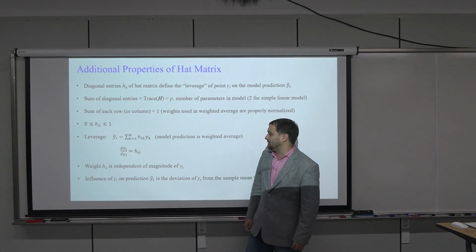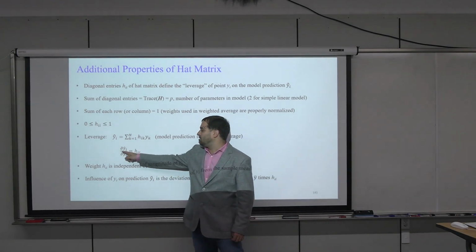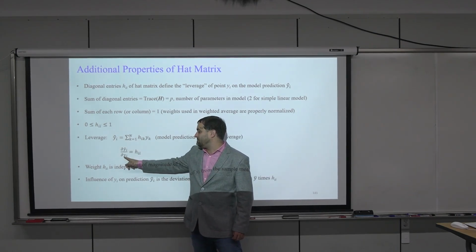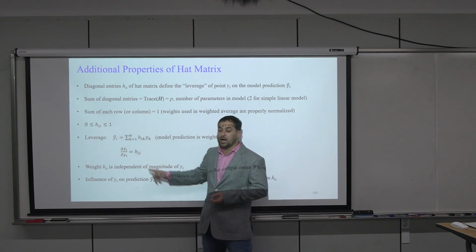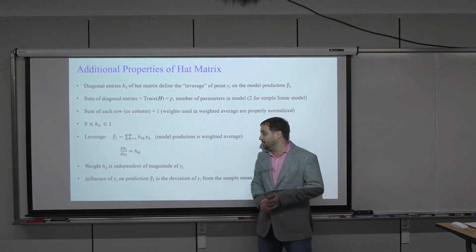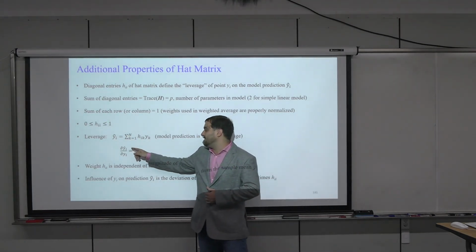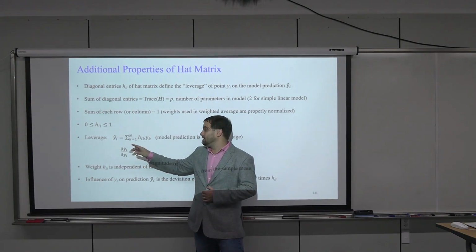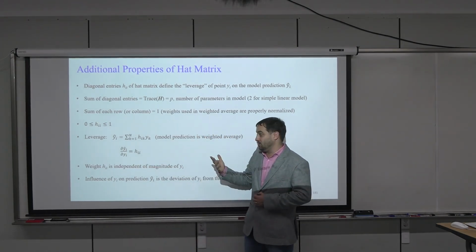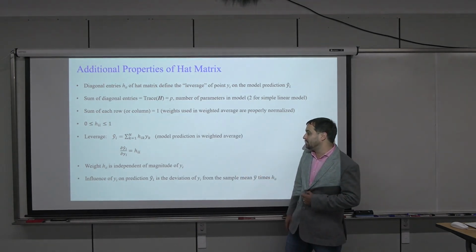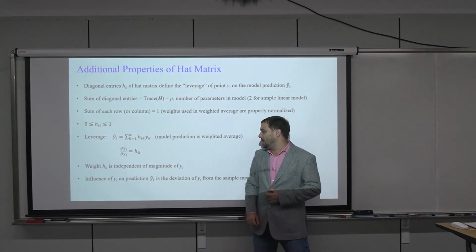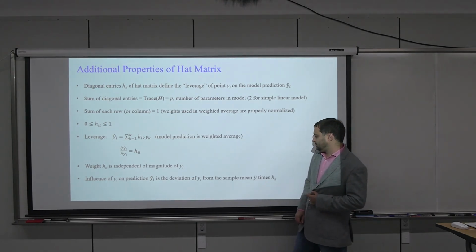Also interesting is that the partial derivative of Y hat_i with respect to the actual observed data point Y_i equals H_ii, the diagonal entries of the hat matrix. So the weight H_ii is independent of the magnitude of Y.